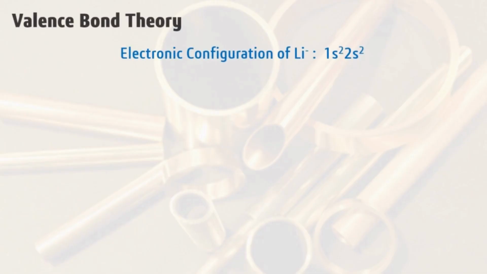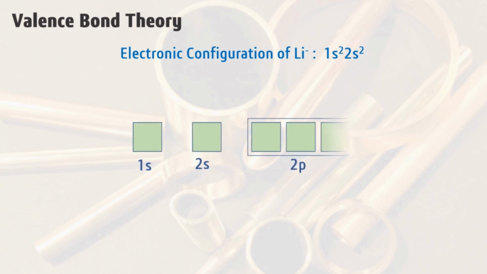Now, the question is, how does the lithium anion get involved in two covalent bonds? The electronic configuration of the lithium anion is 1s2 2s2. So, there are 1s and 2s orbitals, which are doubly occupied.